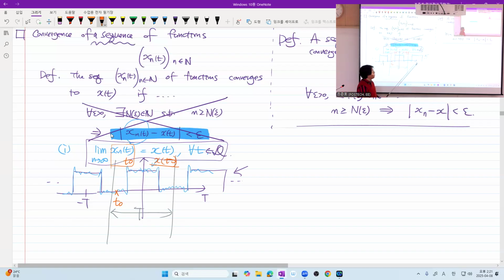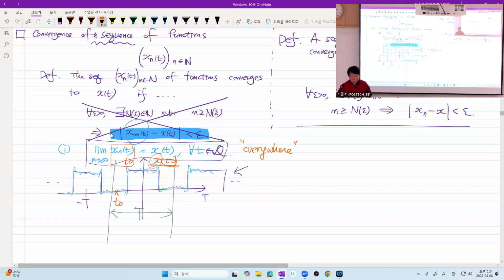So you can use this definition. You have a sequence of real numbers at each t, and you want to check whether that converges to the original signal evaluated at the same t0. You do this for every possible t, and if every possible t satisfies this equality, then you want to say it converges everywhere in the domain.